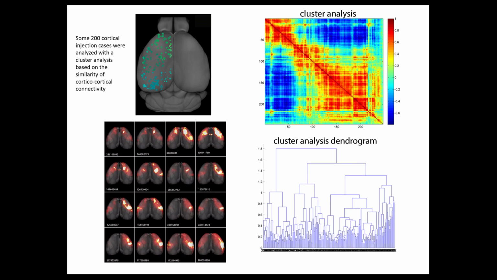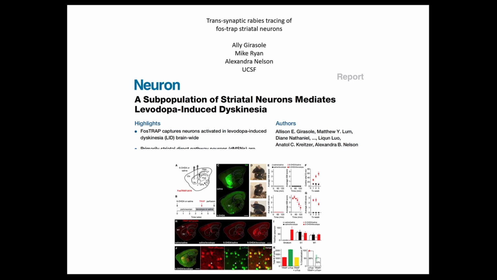One of the examples that I'm going to show today is from a study that was done with Alexandra Nelson's lab, Ali Girsal, Matt Ryan, from the University of California in San Francisco. In this case, they study the neurons in the striatum that are responsible for L-DOPA-induced dyskinesia in an animal model of Parkinson's disease.